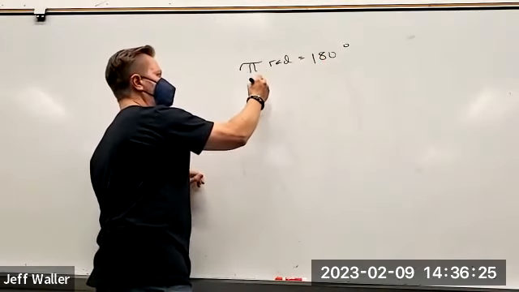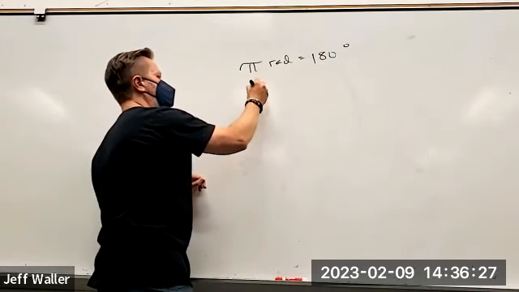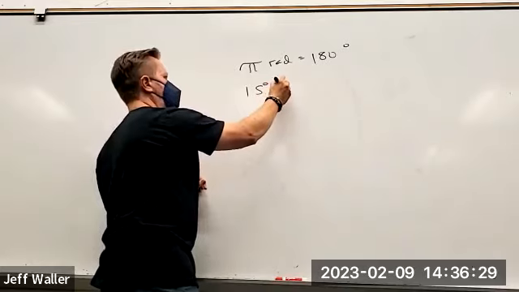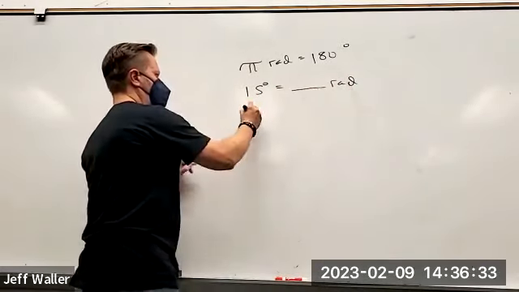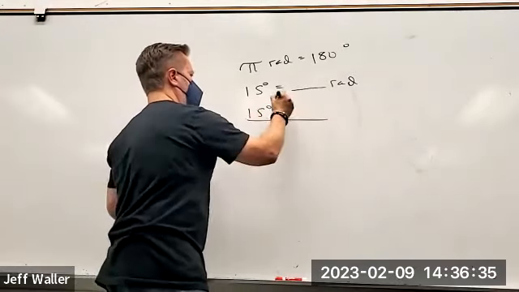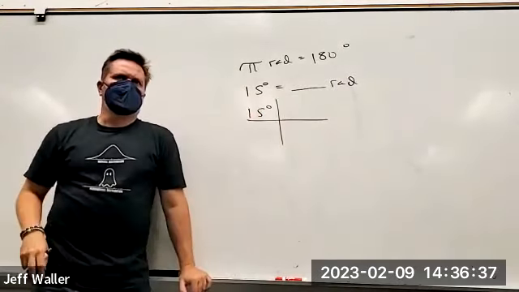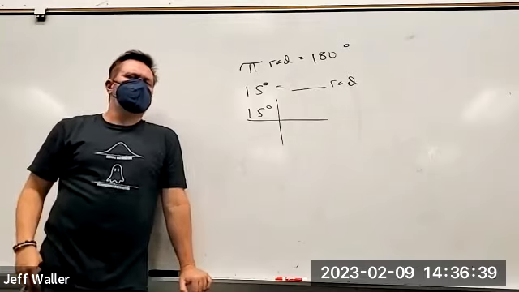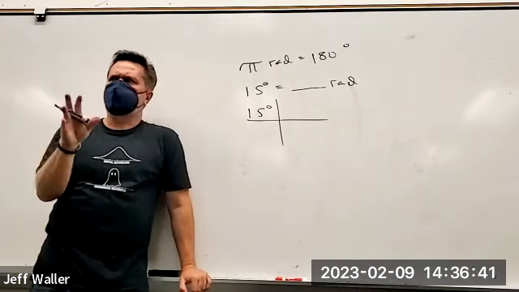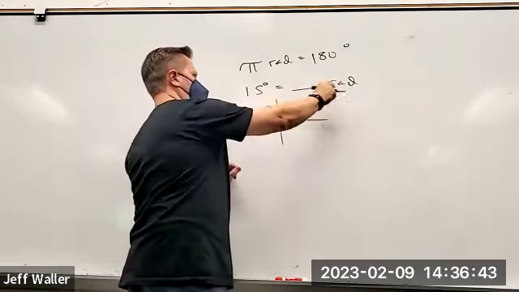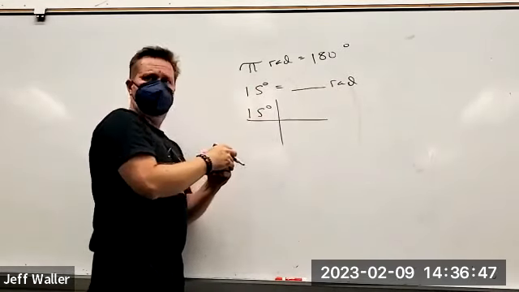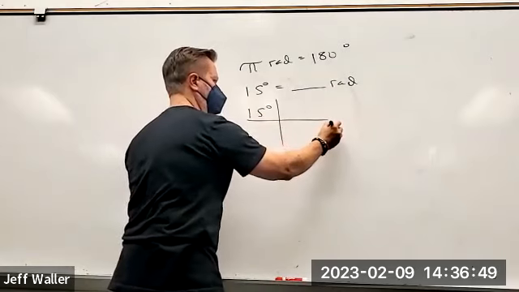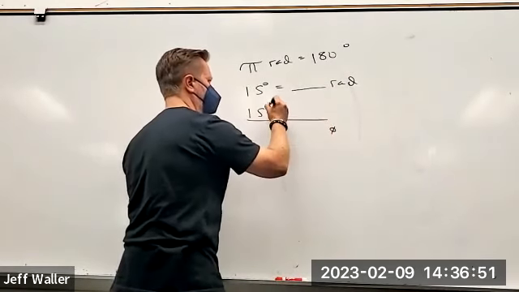So if I want to convert, let's say I've got 15 degrees and I want to know how many radians that is. One thing you can use is an old standby conversion trick. What unit do we not want anymore? If I want to get here, do you want to have degrees there still? No. So I want to kill the degree, so I put it down here so it cancels.